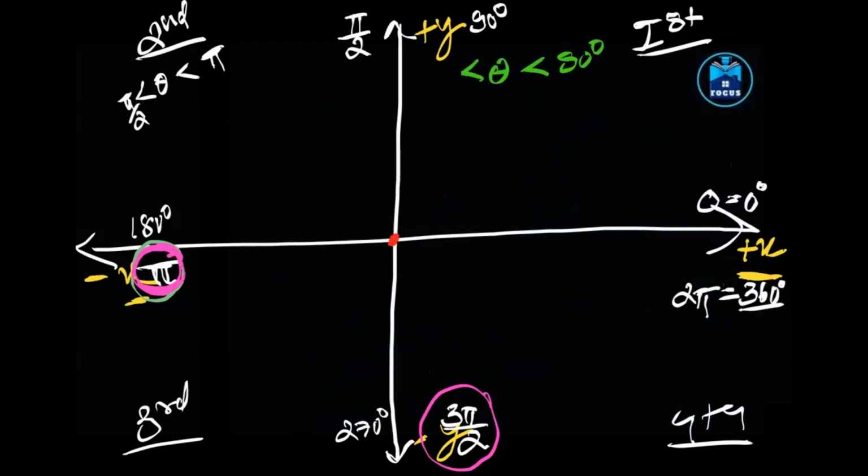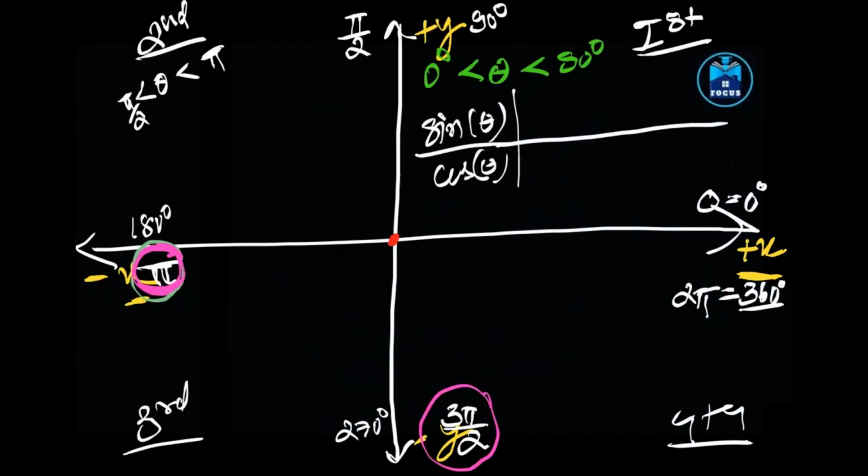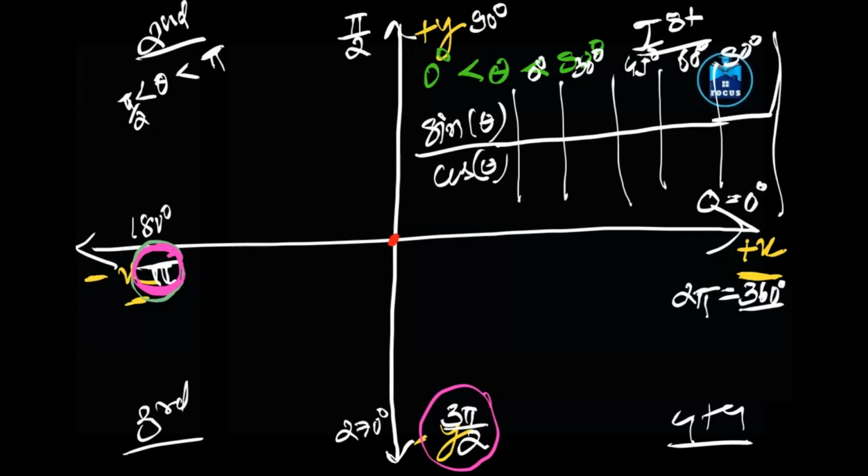from 0 to 90 degrees for the first quadrant. And if you consider any trigonometric function, sine or cos, for the values from 0 to 90, that is 0, 30, 45, 60, 90 degrees, the sine values are 0, 1 by 2, 1 by root 2, root 3 by 2, and 1.